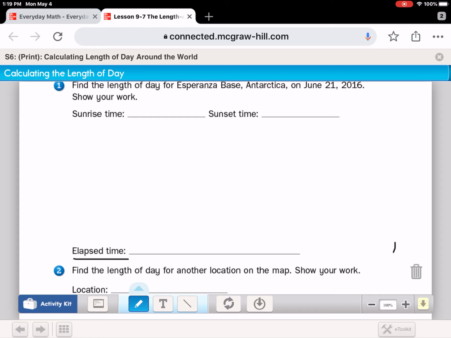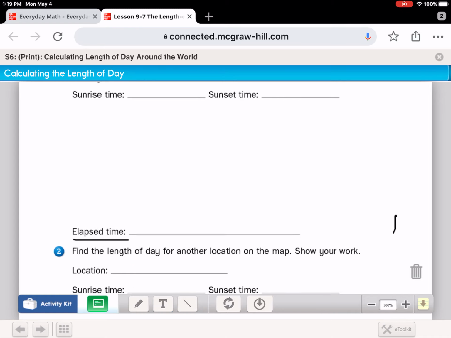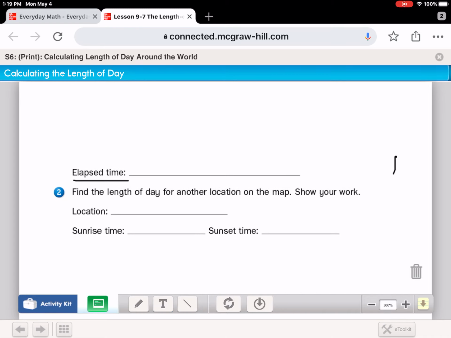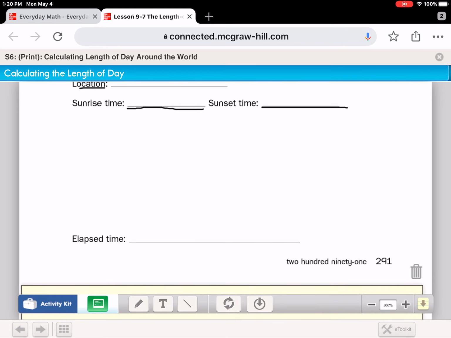Then for number 2, it says, find the length of day for another location. You can pick any other city on the map, write it down here where it says location, write what time the sun rose, write what time the sun set, and then use an open number line and write down how much time between sunrise and sunset.